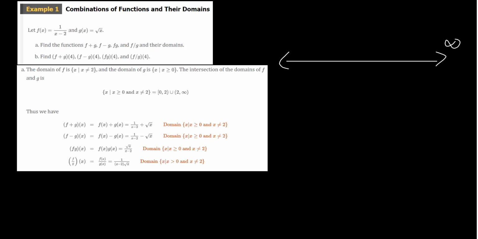So infinity here, negative infinity over here. We'll just put the 0 here. 1, 2, 3, 4, 5, 6. Okay, so x cannot be equal to 2. Well, actually, it can be every single thing but 2.